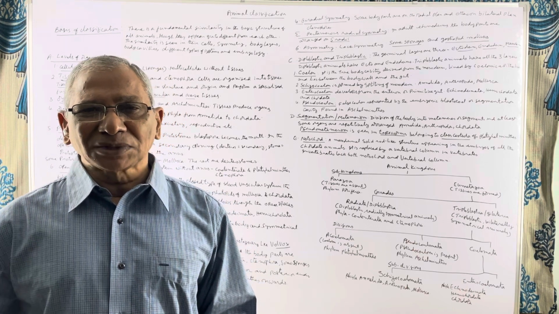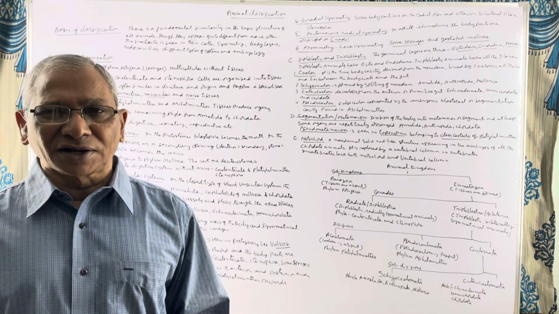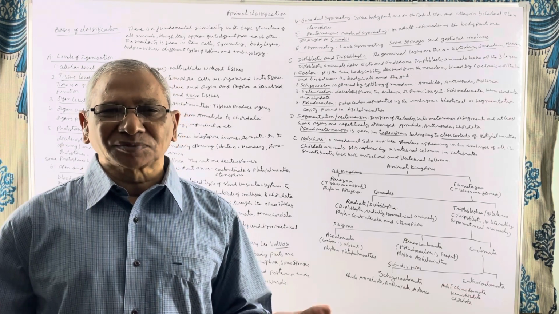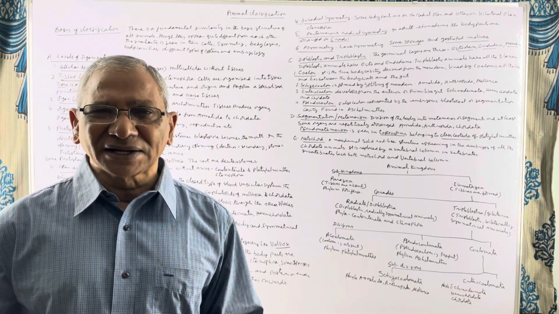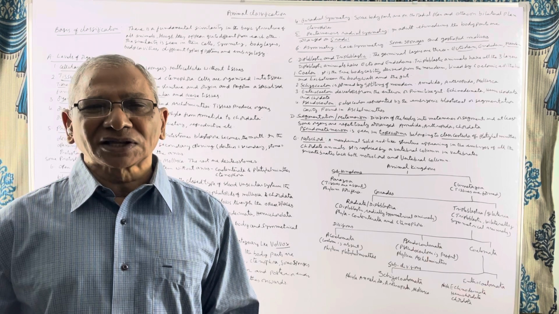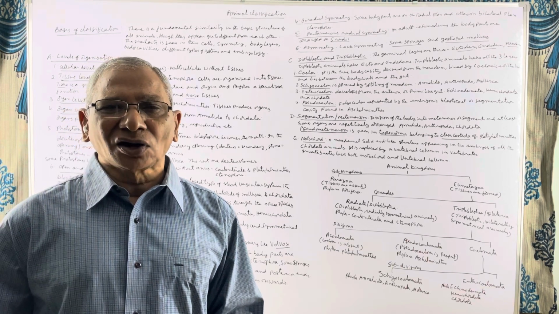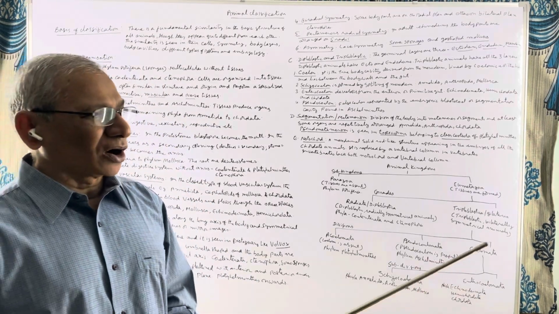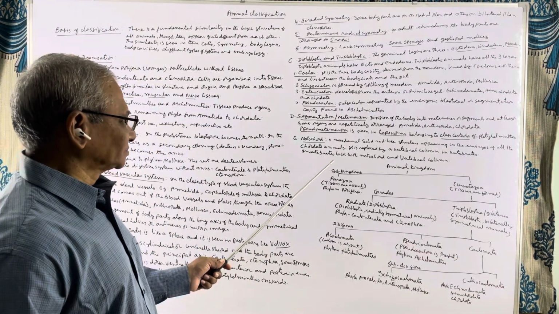So if animals have a notochord during their developmental stages or at any stage of their life, they are called chordates. All other animals are known as non-chordates. In this way, the animals are broadly divided into chordates and non-chordates.